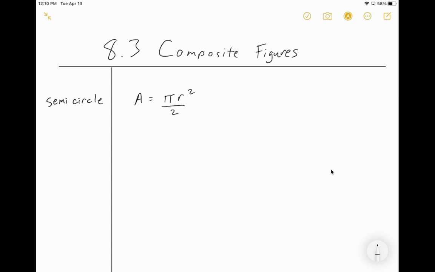So let's go ahead and do a problem like that. I'll call this letter A. Let's just say I have a nice semicircle here. There's the center. We'll say that's 4 inches. All right, so that is the 4 inches.